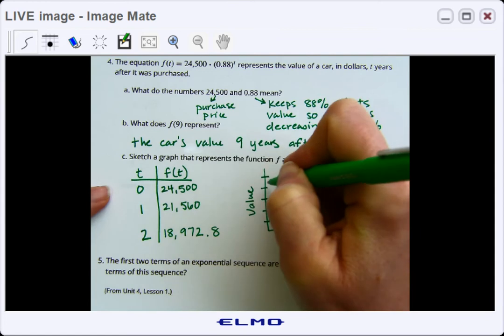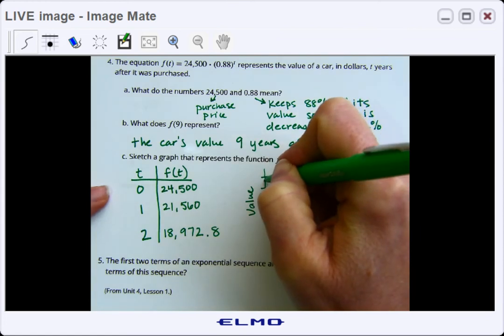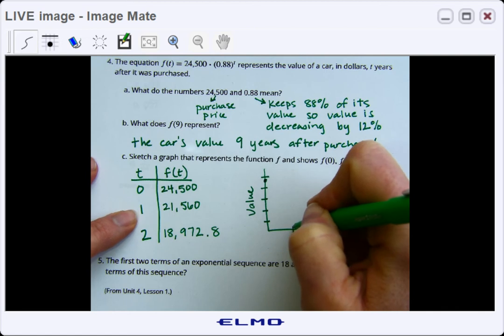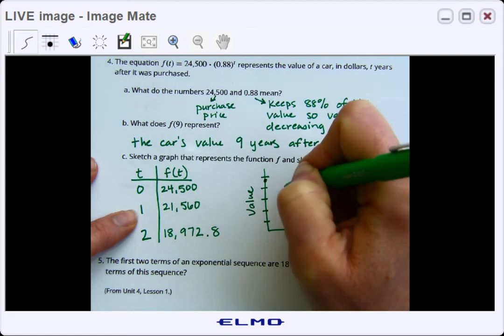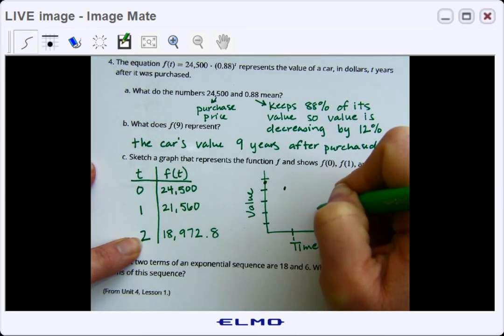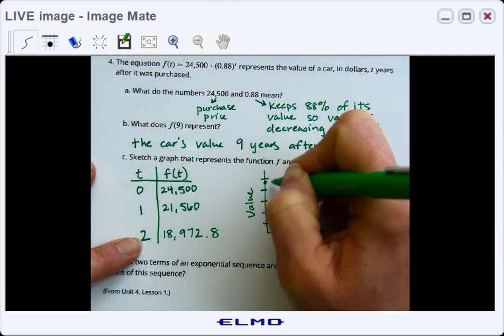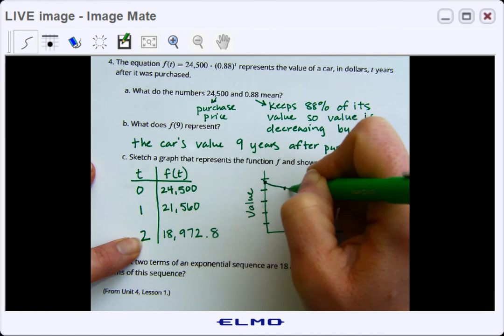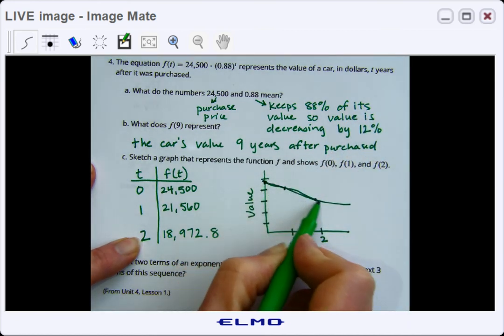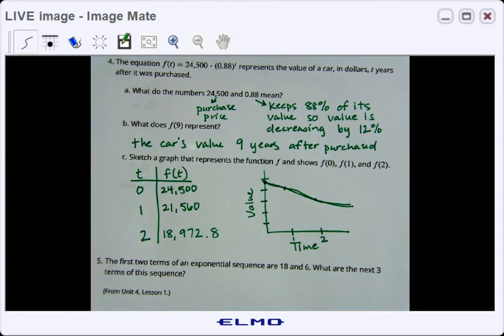So 24,500 might be about here. 21,560 would be just above 20,000. And then 18,972 would be about here. Make it a little bit curved. I'm not the best at drawing without an actual graph, but something like that. Okay, and it should just be a curve.